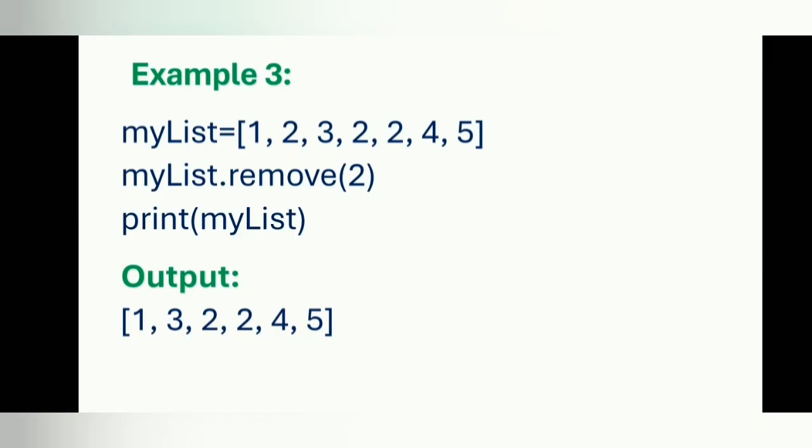In this example, the value 2 appears multiple times in the list. myList.remove(2) finds the first occurrence of the value 2 in the list. Since the first occurrence of the value 2 is at index 1, the method deletes that element from the list. The print statement print(myList) will print the output. Here the output is 1, 3, 2, 2, 4, 5. If the value appears multiple times in the list, only the first appearance of the value will be removed.